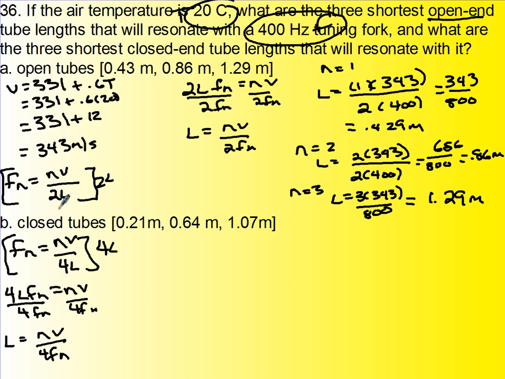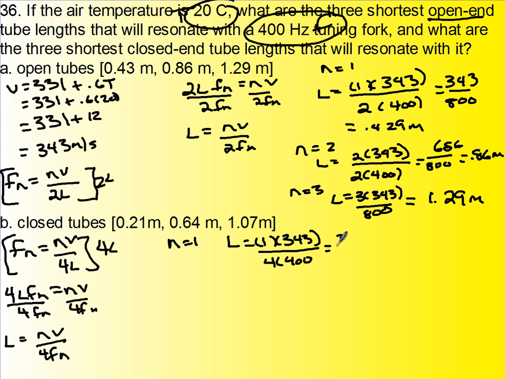Now the only frequency we have that we can deal with is the 400 hertz. So for n equals 1, L is 1 times V, which is 343, divided by 4 times, what was my frequency again, 400?